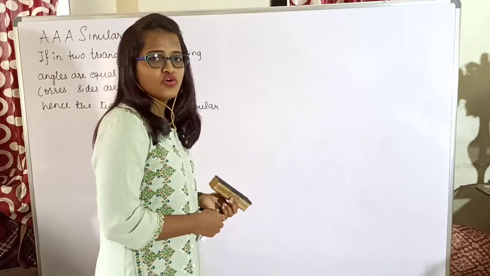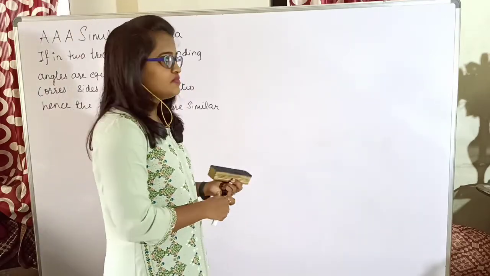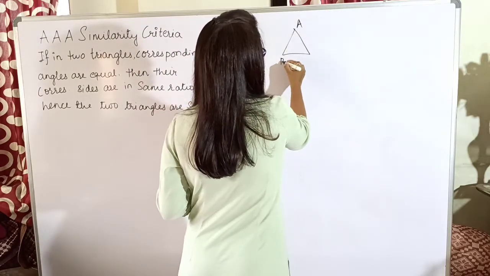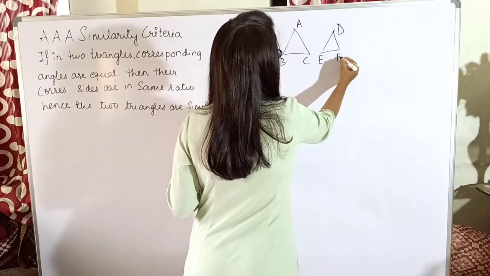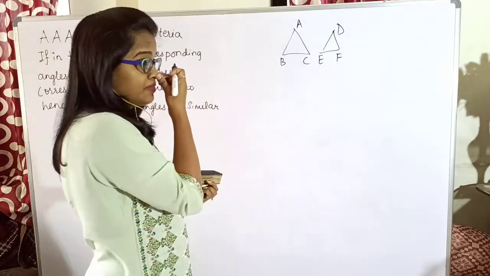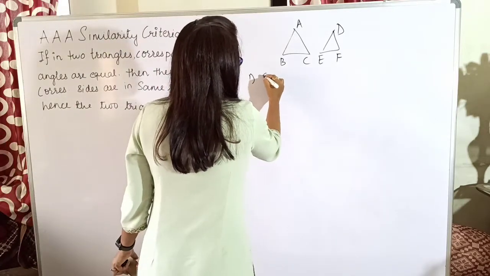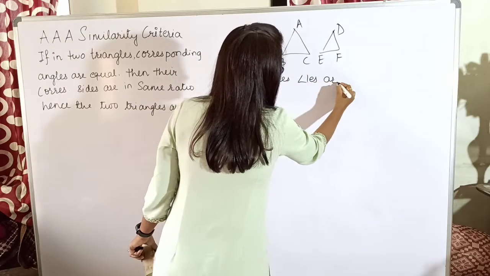But first of all, let us see when two triangles are called similar. Suppose I am taking two triangles, triangle ABC and triangle DEF. These two triangles are called similar only if corresponding angles are equal.